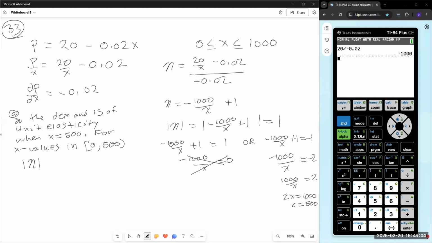If I could plug 0 in there, let's see, I would get an absolute value of negative infinity, which would be infinity, which would be positive. That's greater than 1. So demand is elastic.